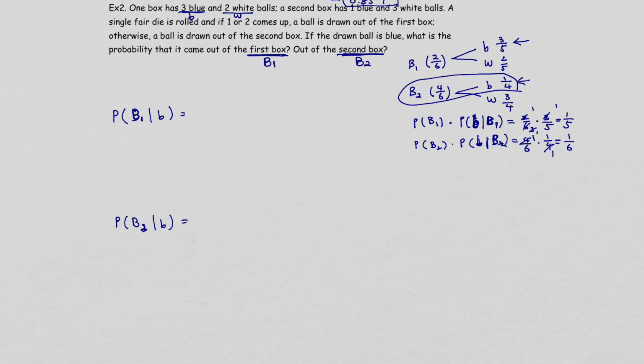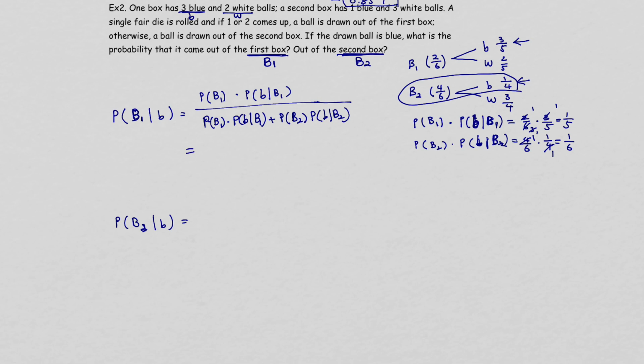The first one: probability of B1 times probability of B given B1, over probability of B1 times probability of B given B1, plus the probability of the opposite, box 2, times probability of B given box 2.